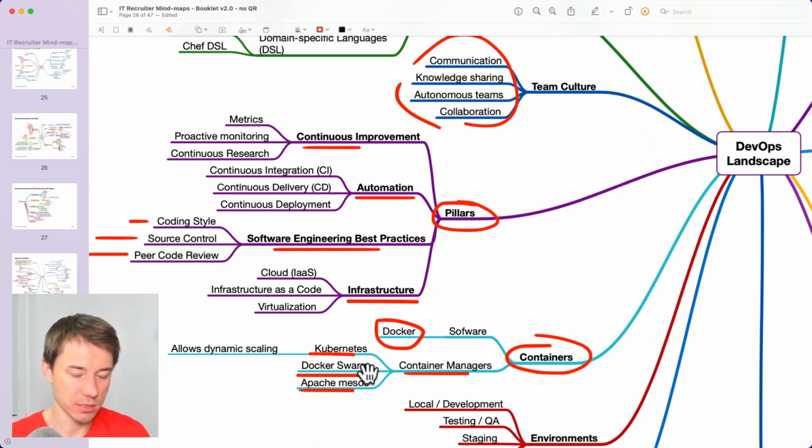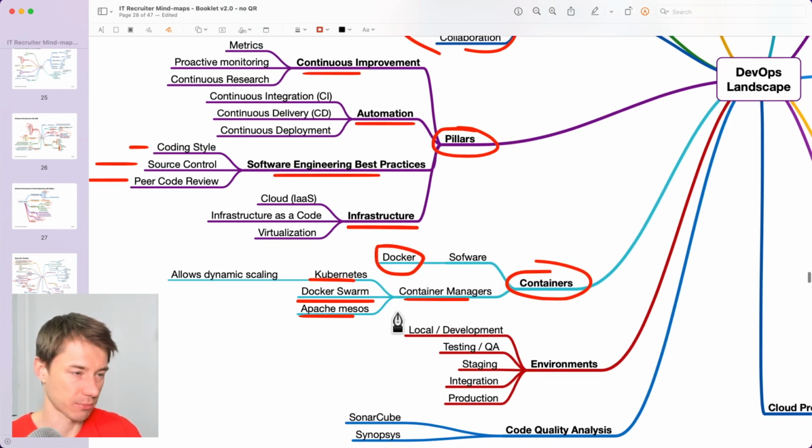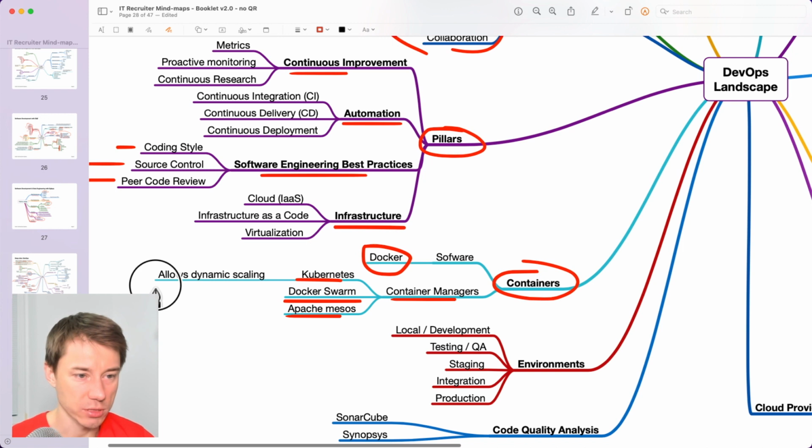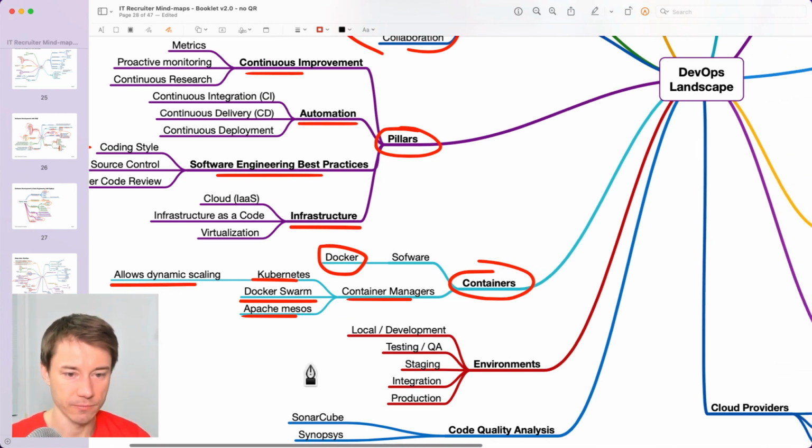These container managers manage those containers. Imagine as a developer, you would have one container with Docker, and then you would also need a container management system if you would like to replicate the one Docker container in different locations among different developers in different environments. So that allows scaling.